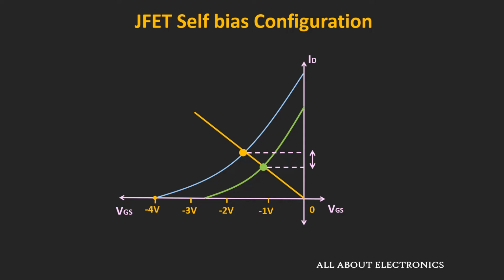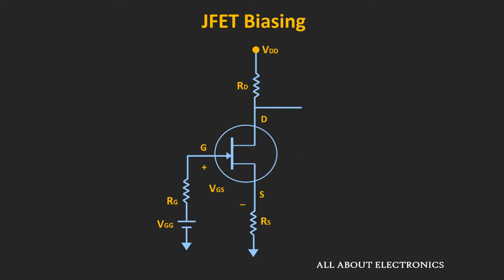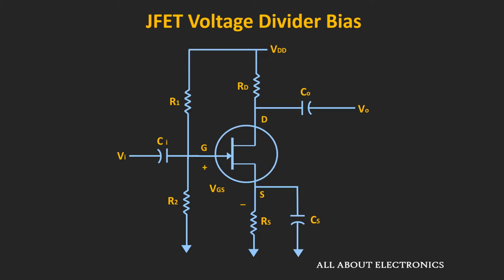But further this variation can be reduced by using the voltage divider biasing configuration. Or in general terms, if we bias the JFET with the gate voltage along with this source resistor, then the stability can be further improved. But instead of using two supply voltages, the JFET can be biased using a single supply if you bias it using the voltage divider biasing configuration.